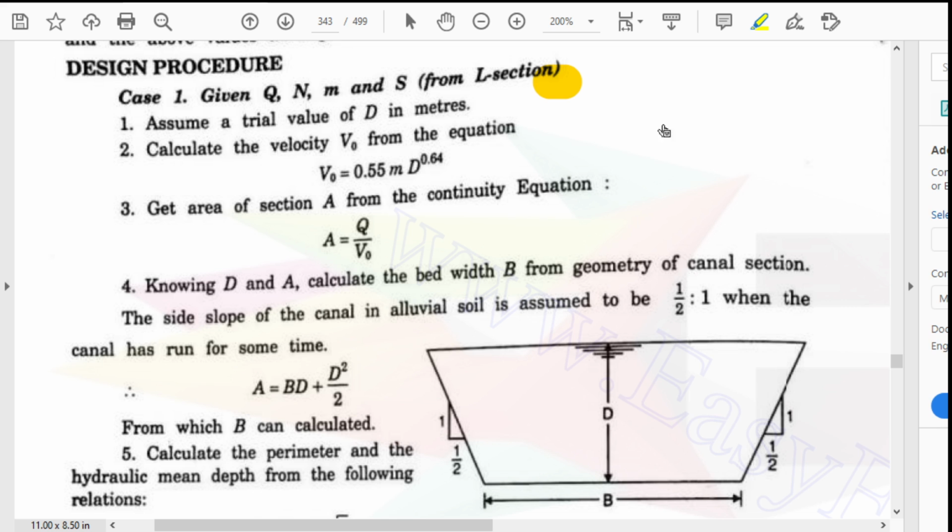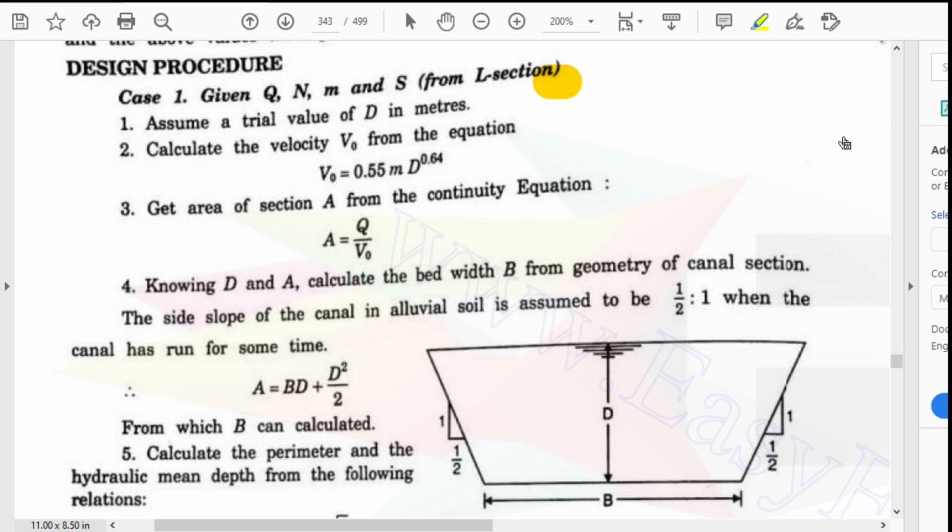Okay, now whatever trial value we are assuming, you have to substitute that trial value in this equation. Now by substituting this you will get the value of velocity from Kennedy's equation. Okay, this is the first value of velocity.